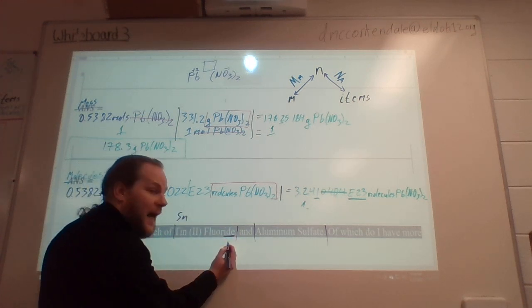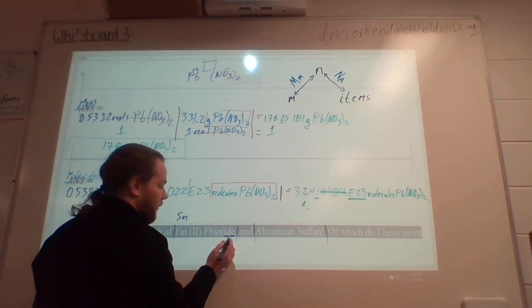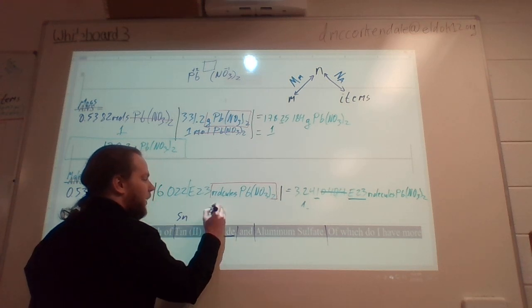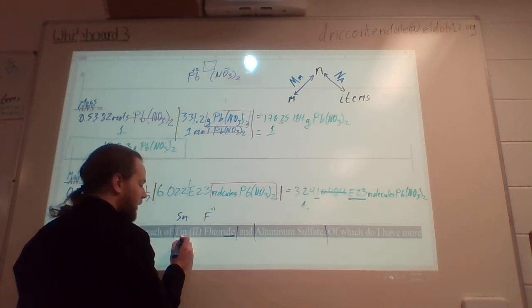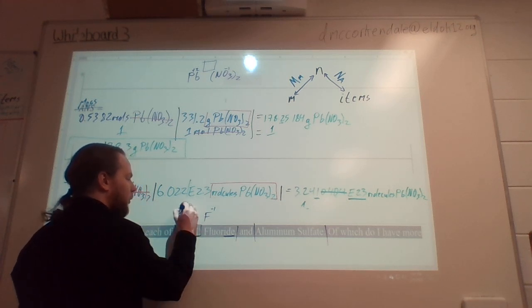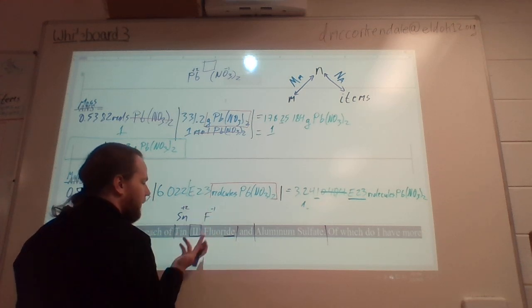Fluoride ends in "ide," so it's not a polyatomic ion. It's a simple anion, so it's just fluorine. But the "ide" tells us that this is the most common ion, which is a -1. The 2 here tells us this is tin 2, so a +2. The charges do not cancel, so we swap them and drop them.